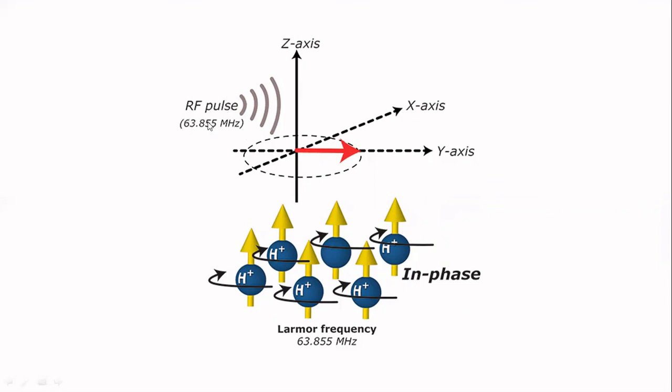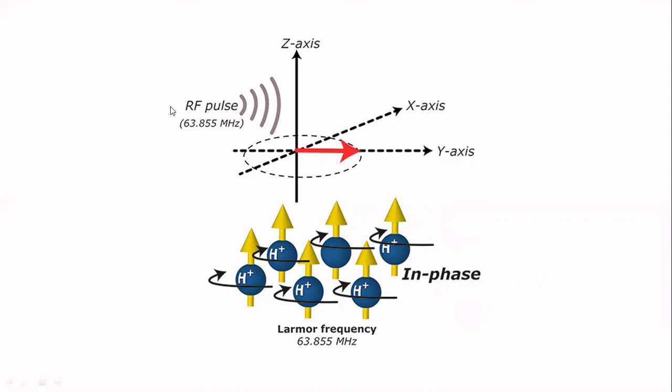What we need to understand here is that the pulses we give should be of the same frequency as the precessional frequency of the hydrogen protons. Like here, we are using 63.85 megahertz. If we give an RF pulse along the y-axis of the same frequency, these protons, which are precessing along the z-axis, will come to the y-axis, at least for the duration of the RF pulse.